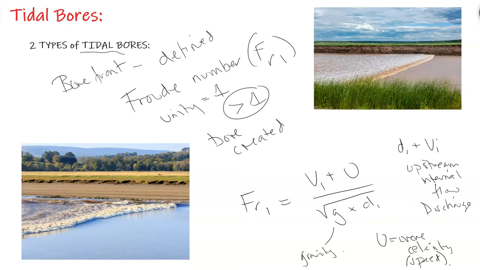Now, wave period is the time it takes for two crests to pass a certain point. However, celerity is the actual speed of the whole wave system moving up through the river. So this formula will give you, hopefully, a number greater than 1. Okay.